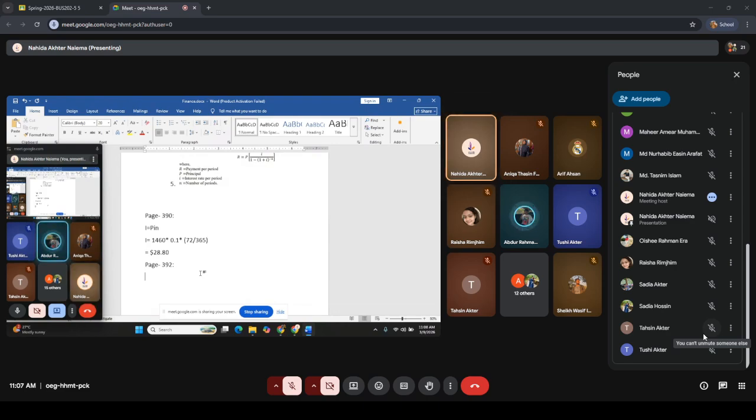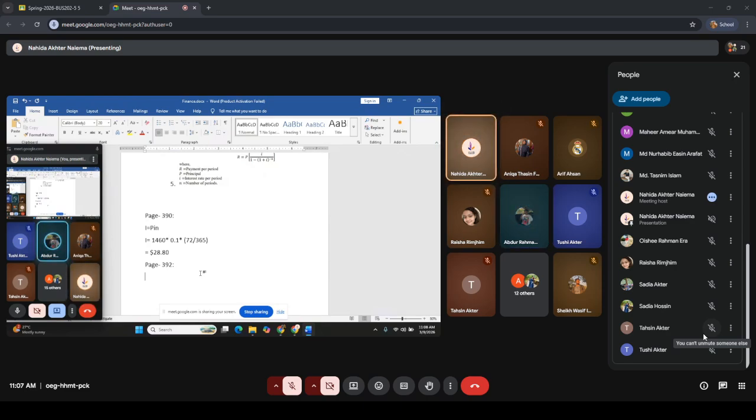Ma'am, it's a compound interest. Where is it given that it's a compound interest? Is it written anywhere? No, ma'am, but it says after 12 months, I mean, what is the percentage rate? So, I guess it would be compound interest. I'm not sure. মেনশন করা নেই যে it is compound interest.